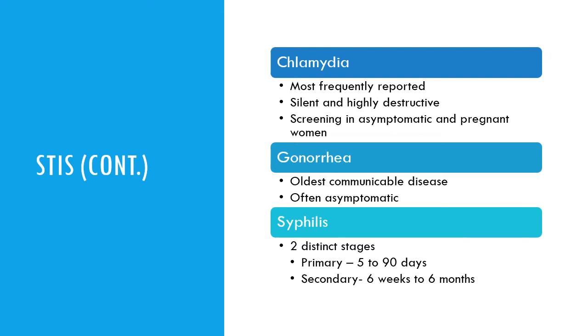There's a couple tables to review in your book. Table 4.3 on page 75, and also table 4.5 on page 86. And these discuss pregnancy and the fetal effects. So like I said, know what these can cause within the fetus if this patient does become pregnant with an STD.